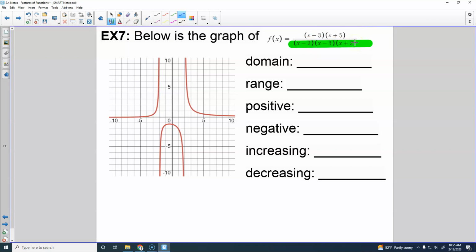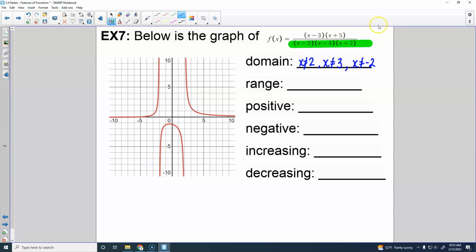All of those are going to give me places where I have discontinuities. So, since I'm listing domain, I'm going to say x cannot equal positive 2, x cannot equal 3, and x cannot equal negative 2. Any of those numbers would give me zeros in the denominator here.